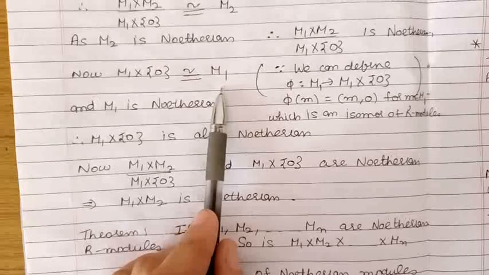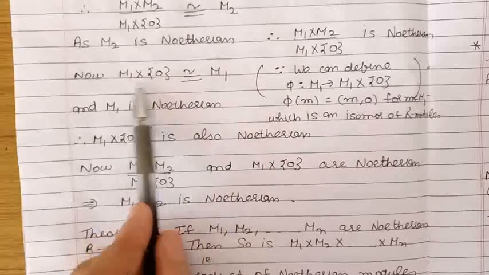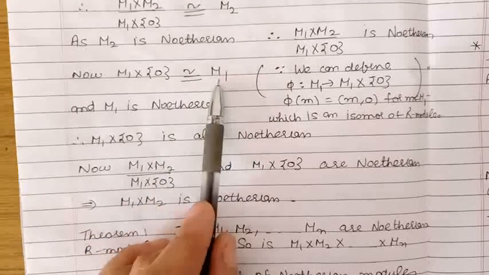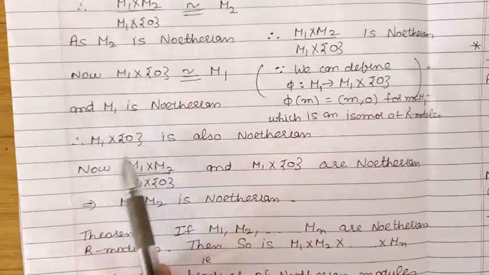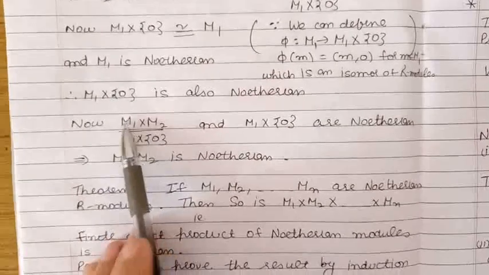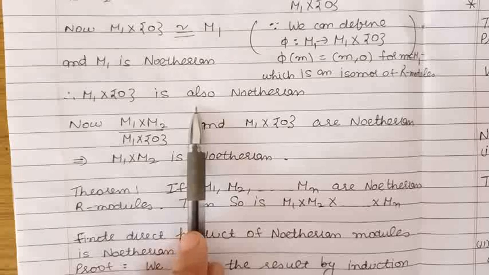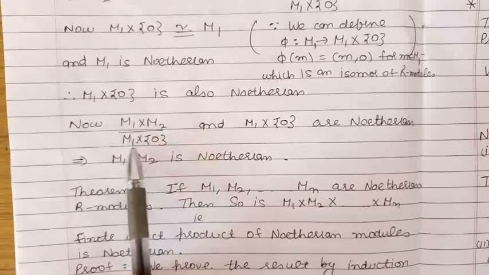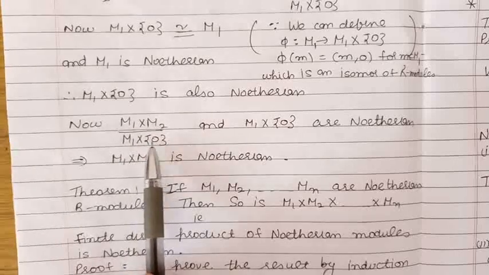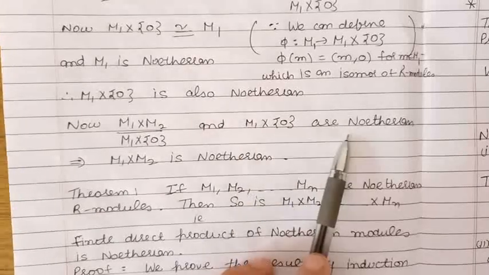Now the module M1 is given to be noetherian, and this module, being isomorphic to the module M1, will also be noetherian. So we have proved the module M1 cross 0 module is also noetherian. So till now we have proved that the factor module M1 cross M2 by M1 cross 0 module and the module M1 cross 0 module are noetherian.